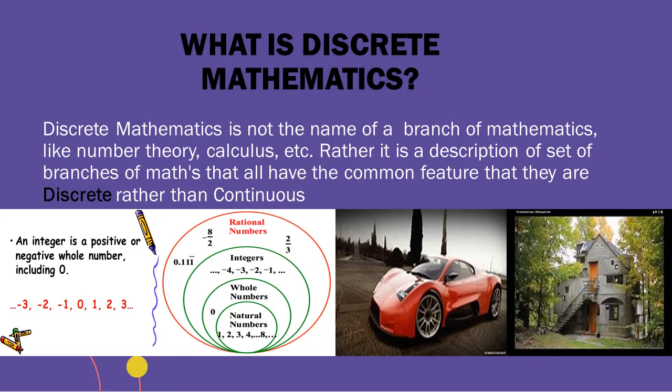The branches of mathematics which belong to discrete mathematics are separated or taken in one set. Like set theory, logic gates, graph theory, group theory, some algebraic structures, recurrence relations, even probability, all these topics come together and form discrete mathematics.